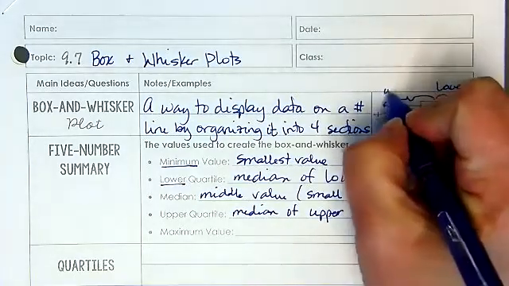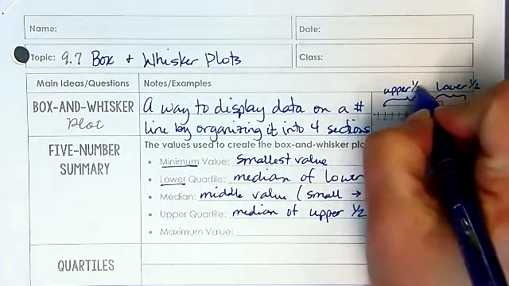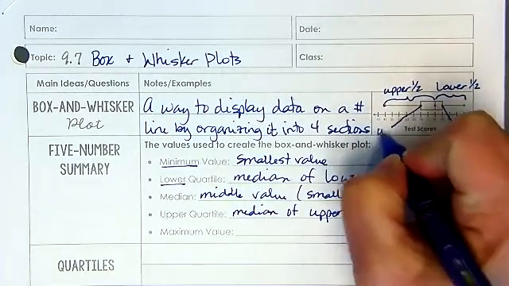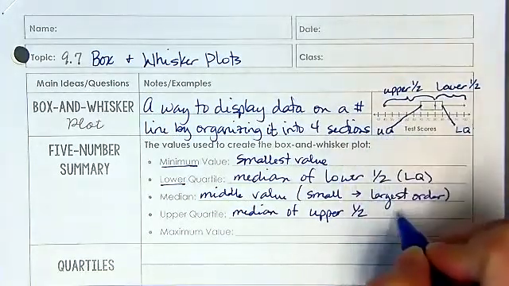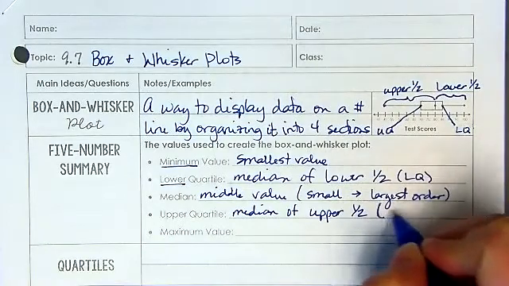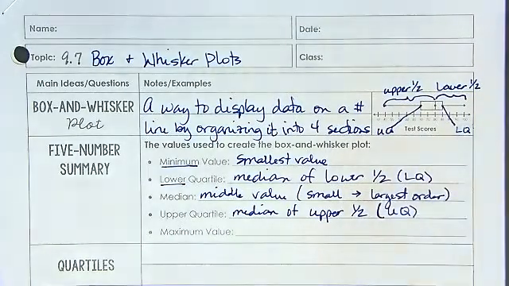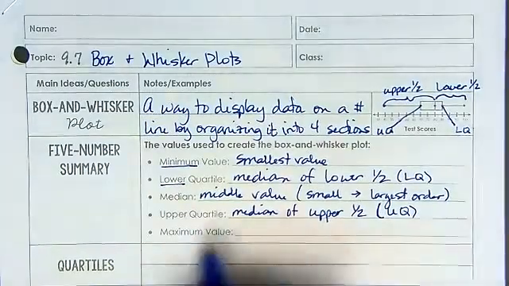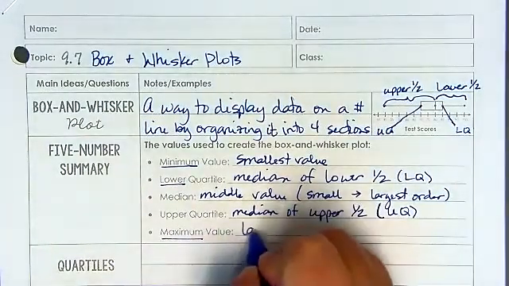This is the upper half. So this right here is the upper quartile, and I'm using UQ for upper quartile. I don't mind using shorthand as long as we know what we're talking about. Okay, and then the maximum is the largest value.